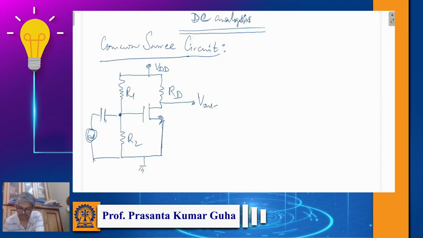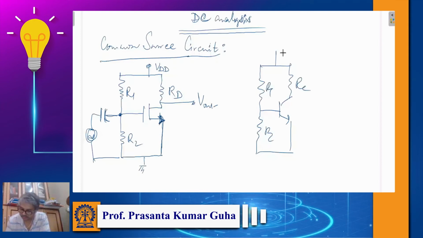So the source is common. Now this is a typical circuit of MOSFET, where we try to bias the MOSFET in the saturation region. You remember in case of BJT we had a similar circuit, but in case of BJT we assumed that the current in the base is much less than that of, say, I2.